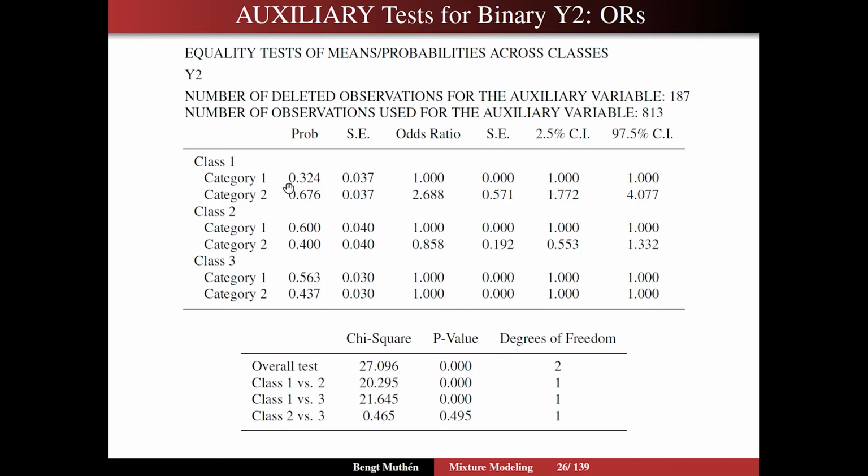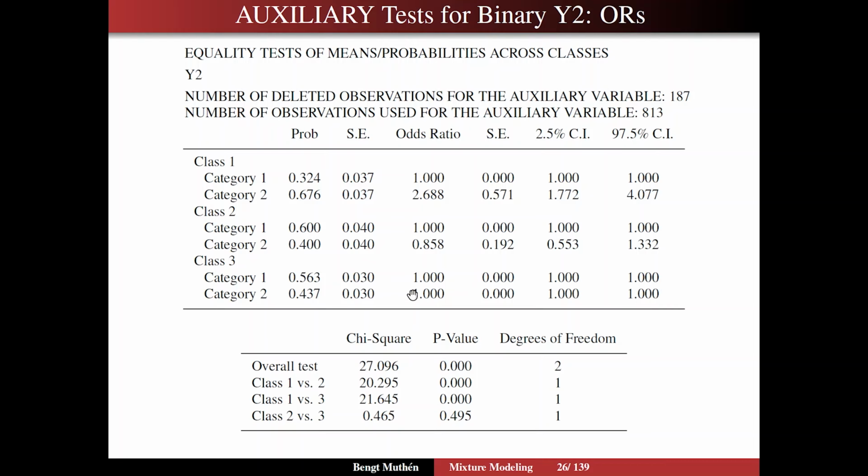Well, it's the distal outcome with its 2 categories and the latent class variable. And we compare then each class to the last class. So each category here, it's the second category compared to the first, and the classes are compared to the last class. So the odds ratio will be 1 for the last class here.